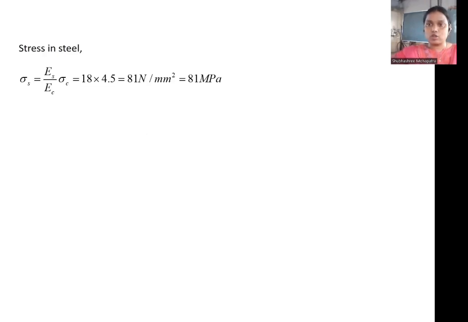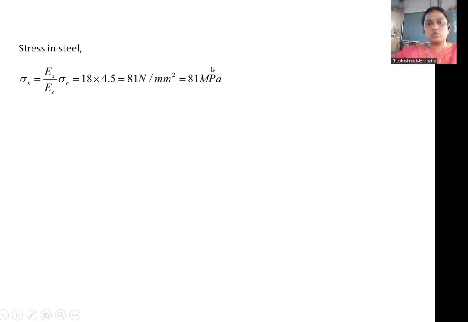So for stresses in a composite section, we know that sigma S by ES is equal to sigma C by EC. From that formula, sigma S is equal to Young's modulus of steel to Young's modulus of concrete multiplied by stress of concrete. This is the modular ratio, 18, and the stress of concrete is 4.5.